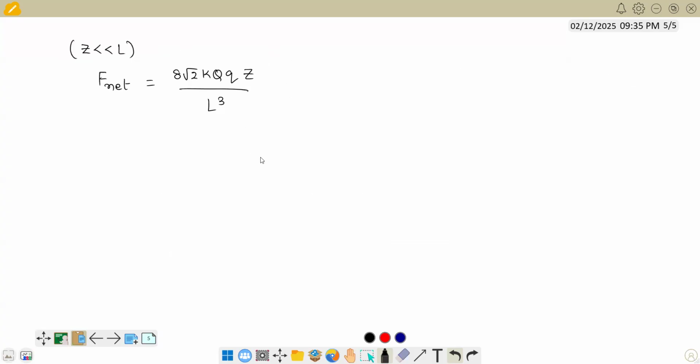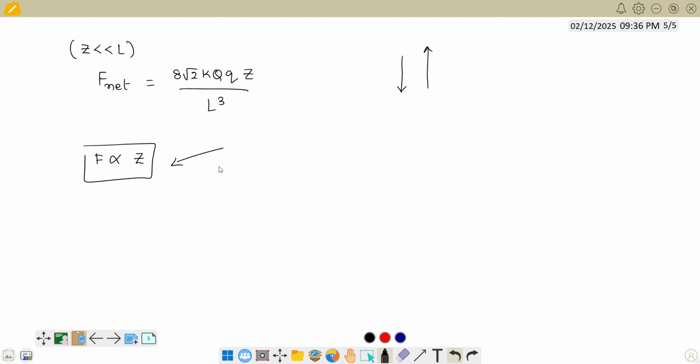And if you notice, the force is acting in this direction, and this is the direction of net force for the given body, and z is measured in this direction. Since the force direction is opposite to the z direction, we can say force is proportional to z.